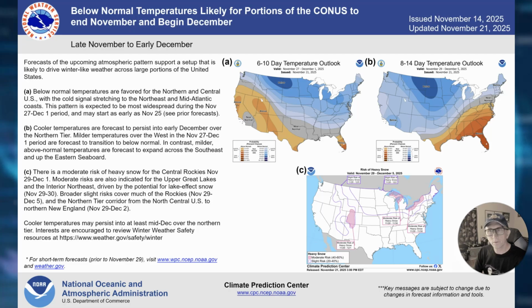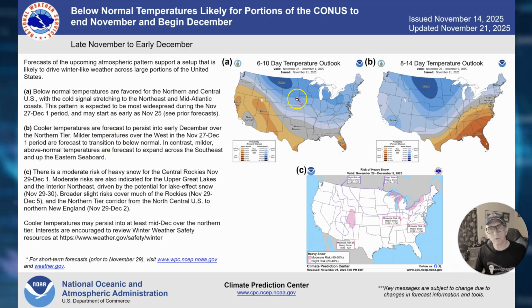So this is a graphic from the Climate Prediction Center talking about the upcoming normal temperatures likely for portions of the CONUS. This was updated on the 21st of November, 2025.